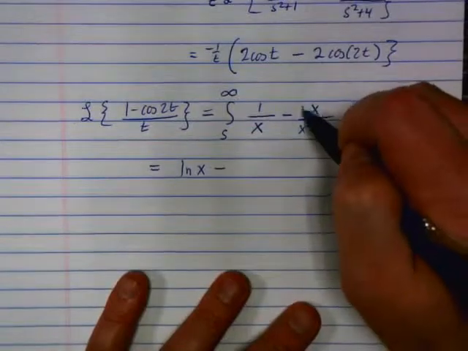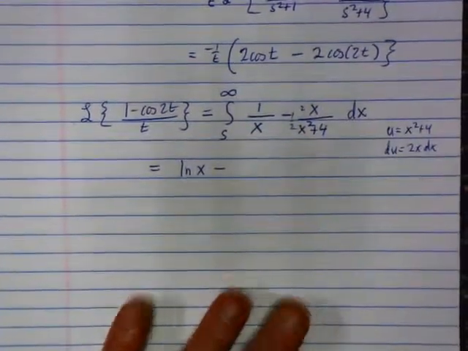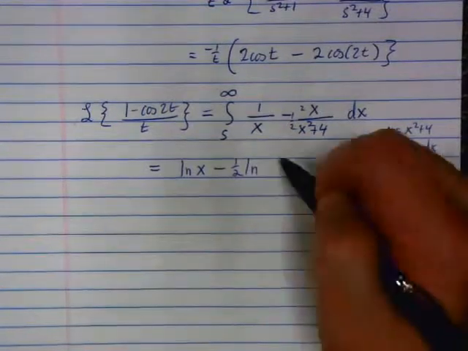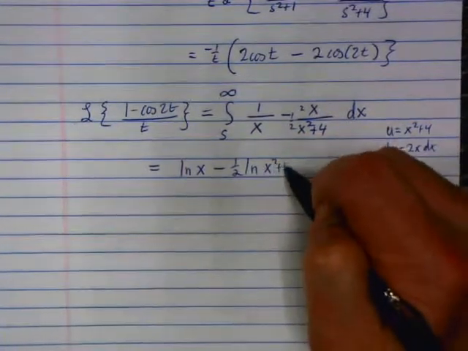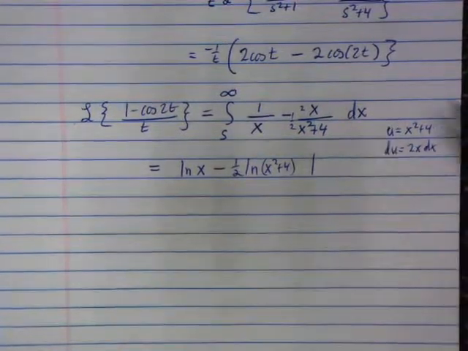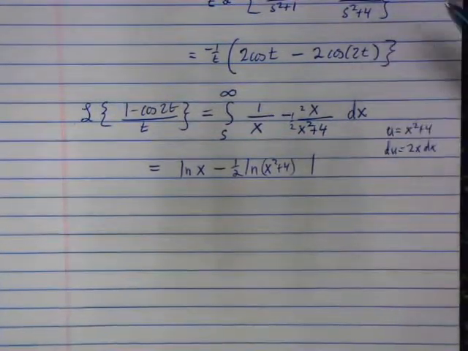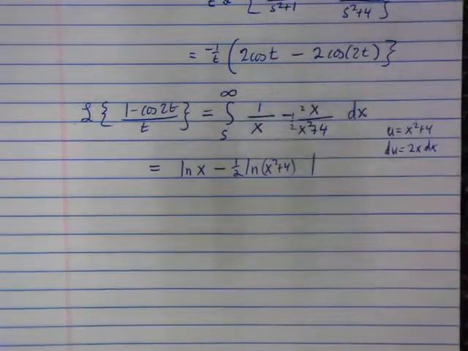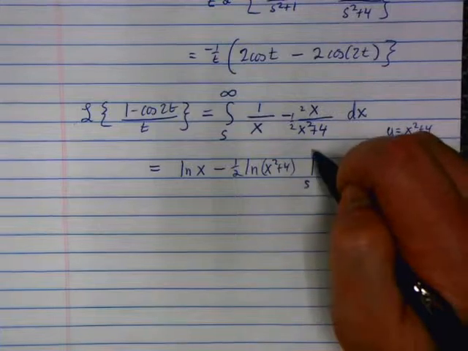So I need a 2 there and a 1/2. I'm going to end up with 1/2 ln of x squared plus 4. Absolute values, true. I don't really need absolute values though because we're only using positive numbers. So from s to infinity.